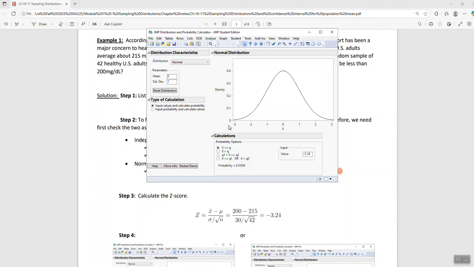Okay, so for example, if our z is not -3.24 but -2.34, then you can see that the left area will be shaded because it's quite large. It's not near to 0. All right, so this is the first method.